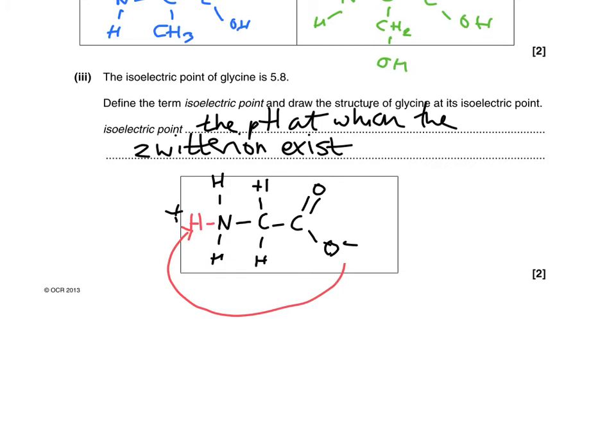So that's our Zwitter ion, without the arrow, obviously.